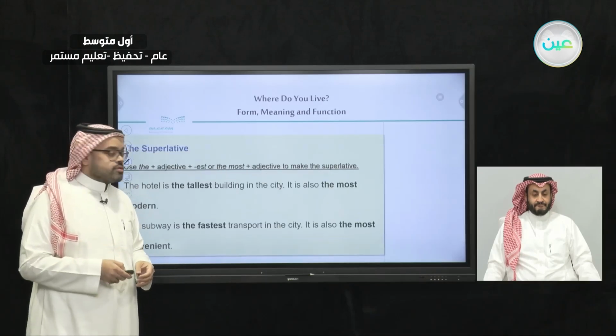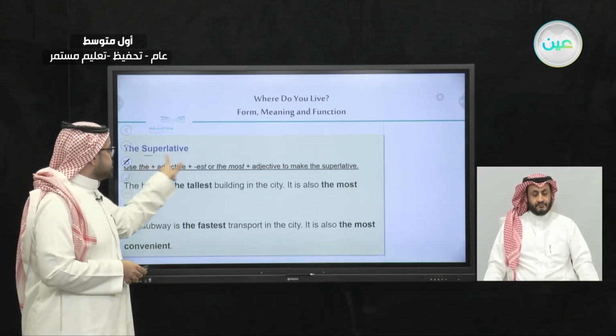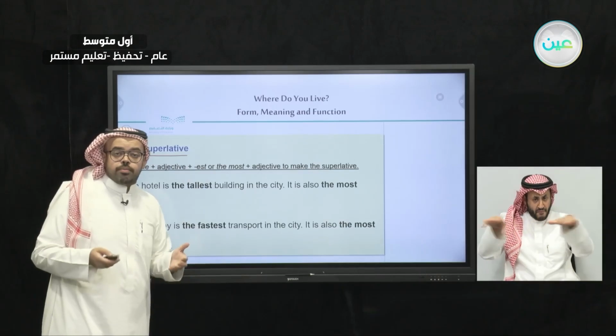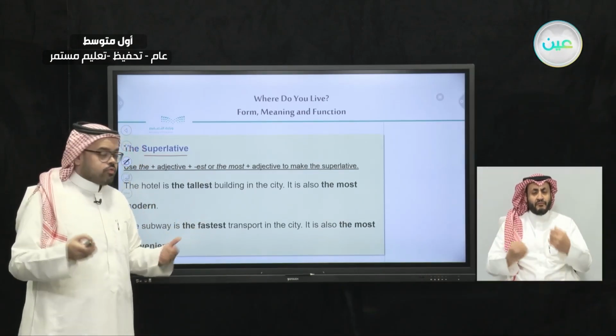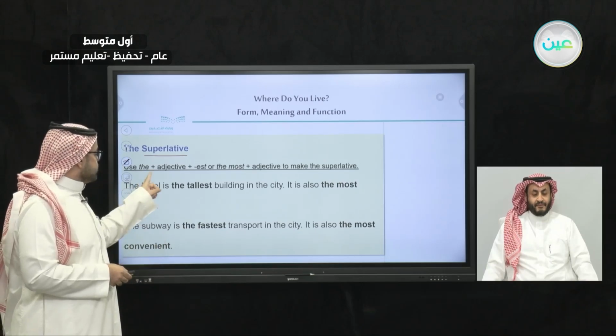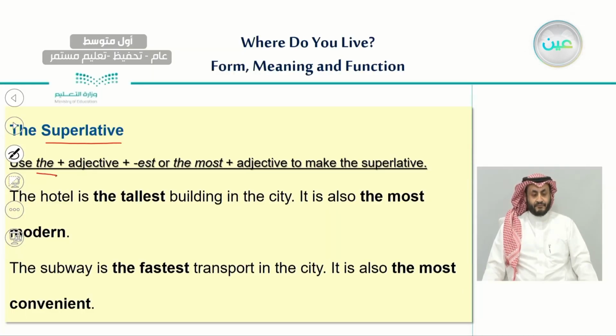The other comparison form we have is the superlative, where we can compare between three things, three people, or even more. For example, we use the article the and the adjective, and we add EST to the adjective. For example, the hotel is the tallest.